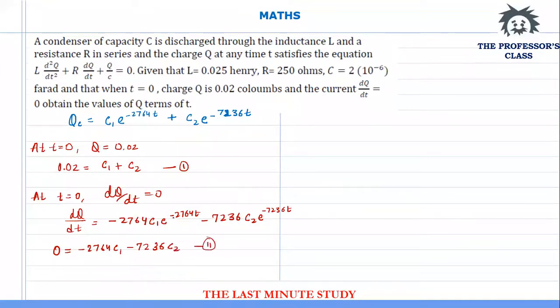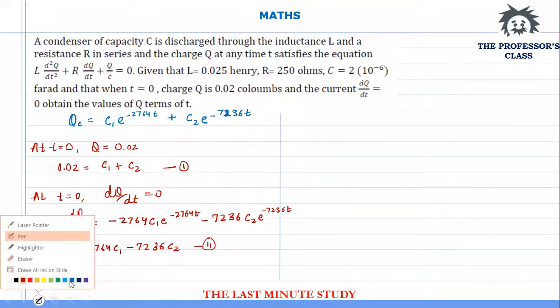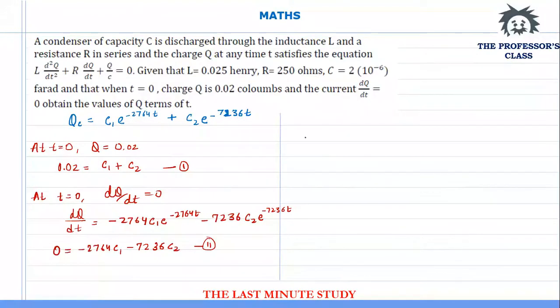Now equation 1 and 2, you can solve easily. You can solve it either using the elimination method or by substitution. I would prefer to solve it by substitution. It is quite easier. On solving equation 1 and 2, you get the value of C1 to be 0.032, and that of C2 you get minus 0.012.